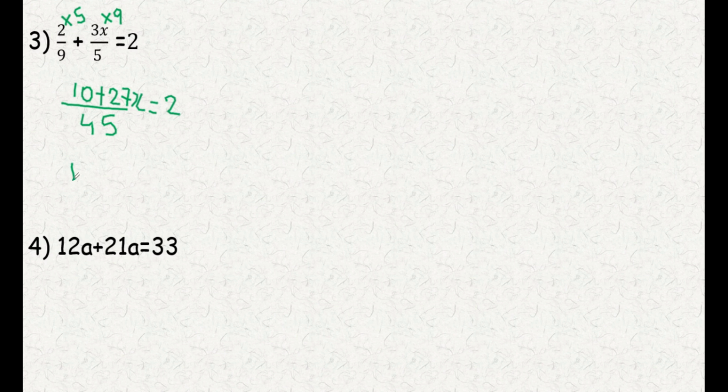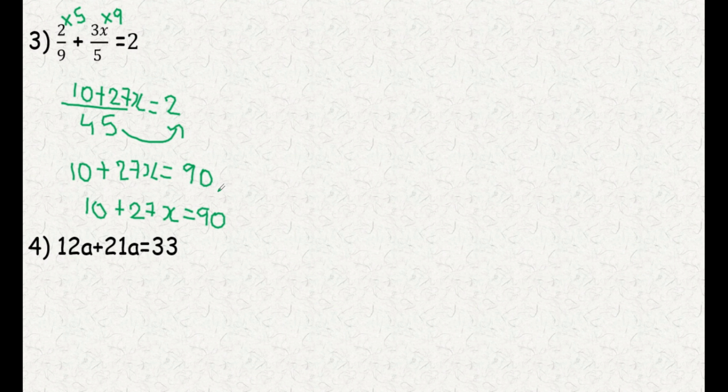Now 10 plus 27x is equals to 90. This 45, if it goes this side, it becomes 2 into 45. 10 plus 27x is equals to 90. Now this step is repeated.